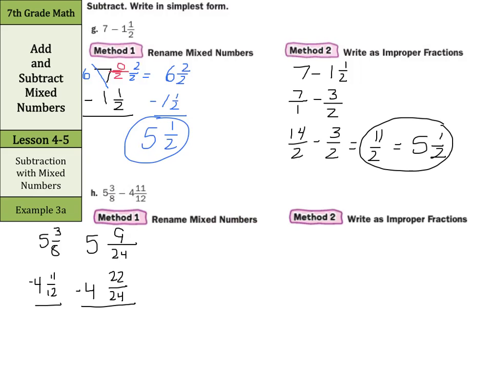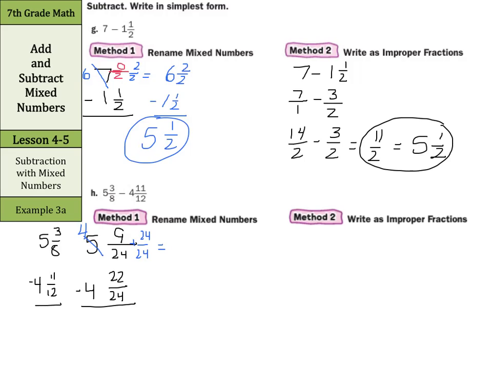And once again, if I reduce the 5 by 1 to make it a 4, I'm going to add to this 24 24ths, because once again, 24 24ths is the equivalent of a whole unit, a whole 1 that we borrowed.